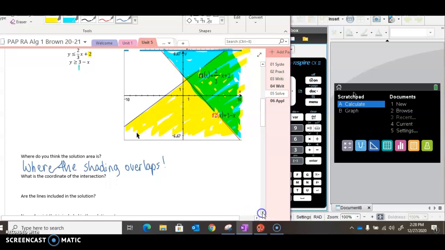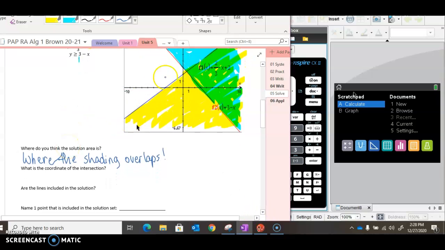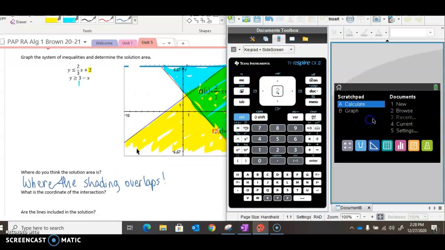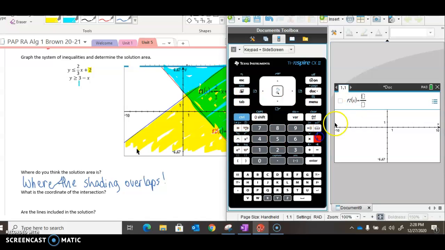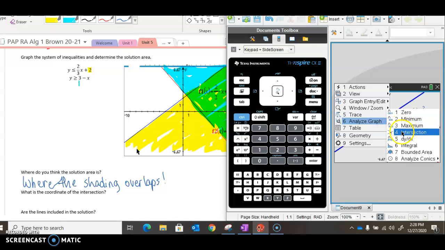Okay. All right. So then we have to see where the coordinate of the intersection is. Well, so I'm going to go over here to my calculator. I'm going to graph these. 2/3 x plus 2, and then 3 minus x, and then menu, analyze graph, intersection.